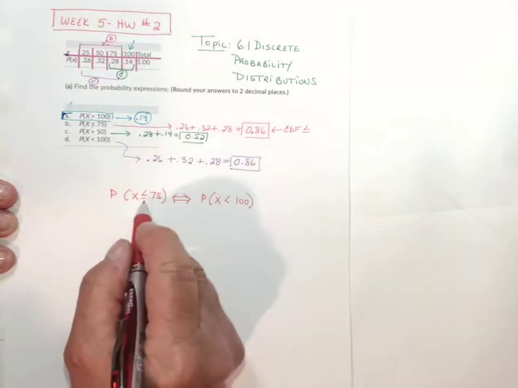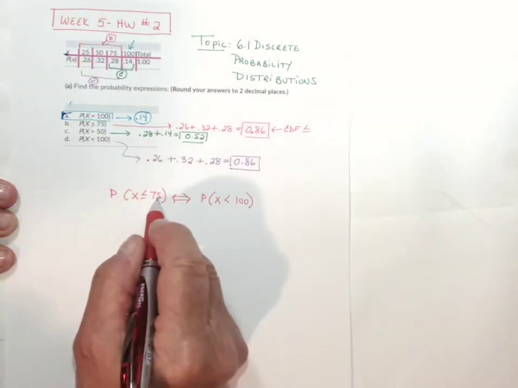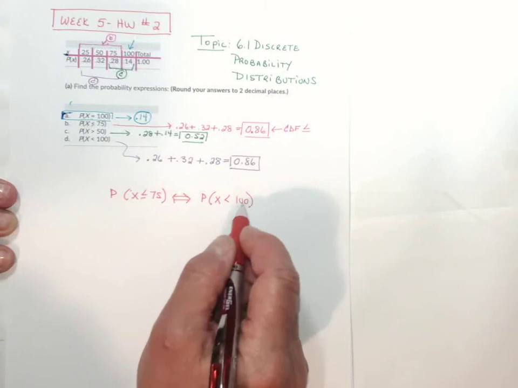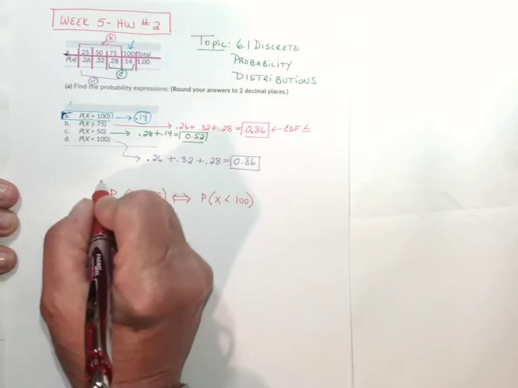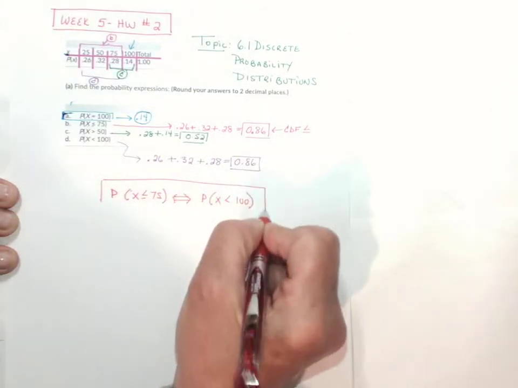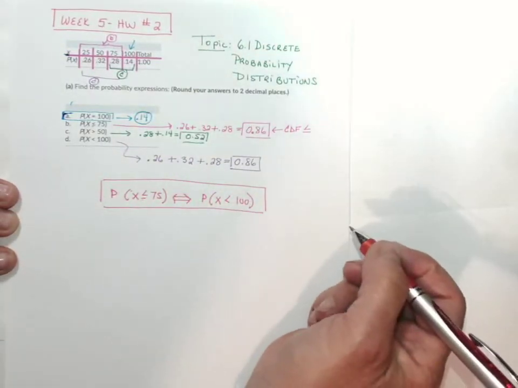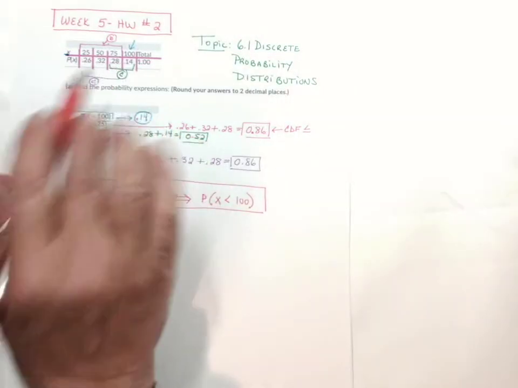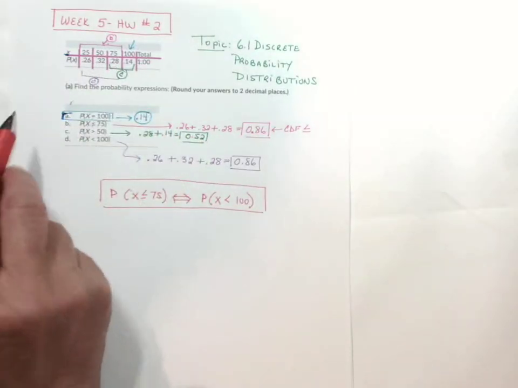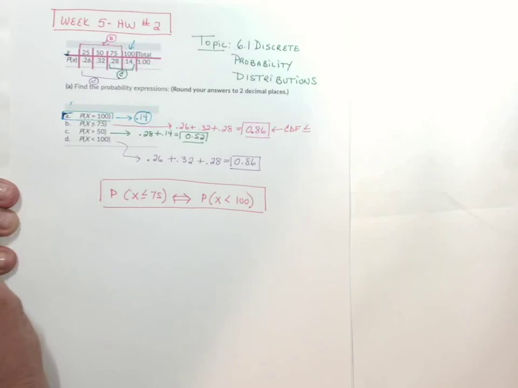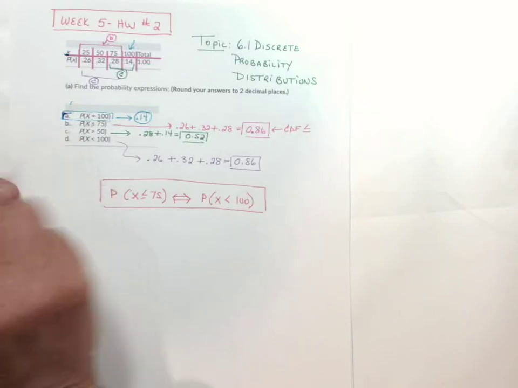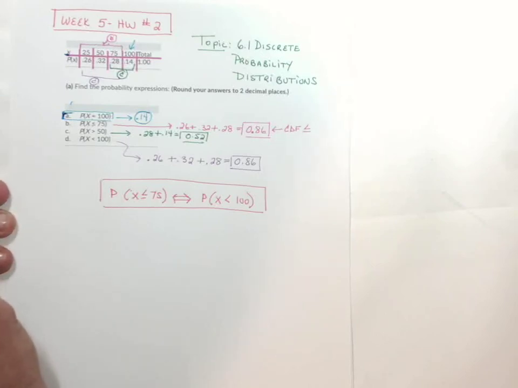Okay? So here it includes the 75. Here you notice it does not include the 100. So when you are talking about discrete probabilities, basically all you have to do is add the appropriate numbers. Okay, and we want to keep it simple, and so this is the easiest way to do this.